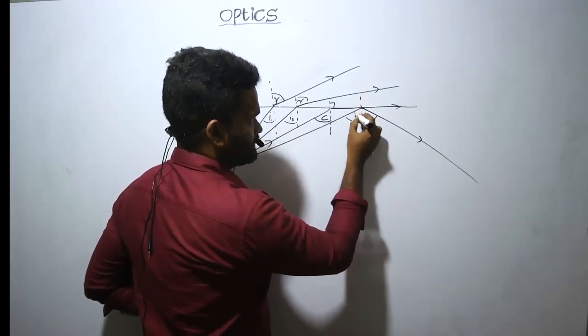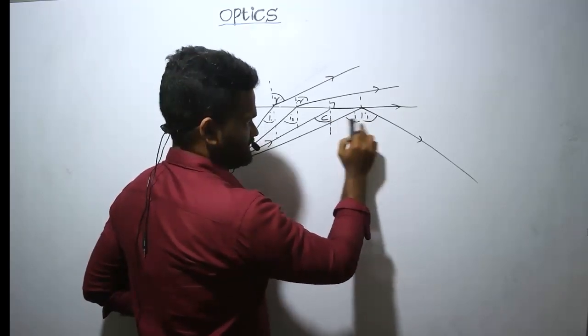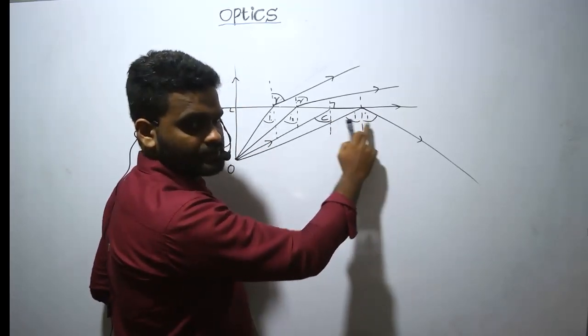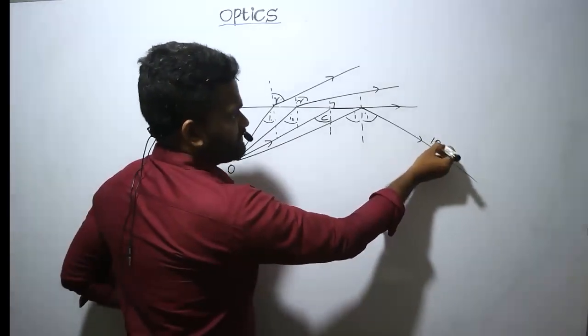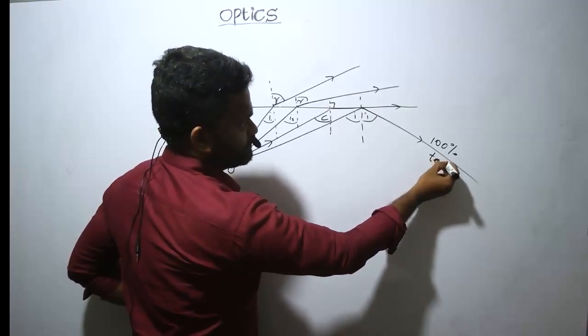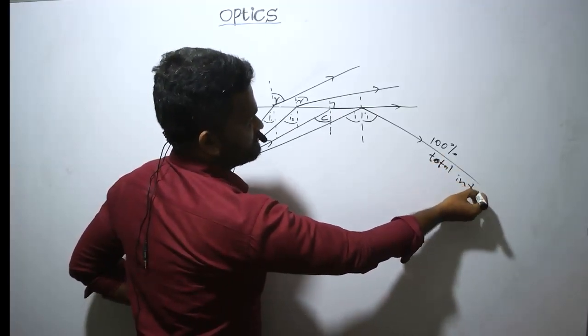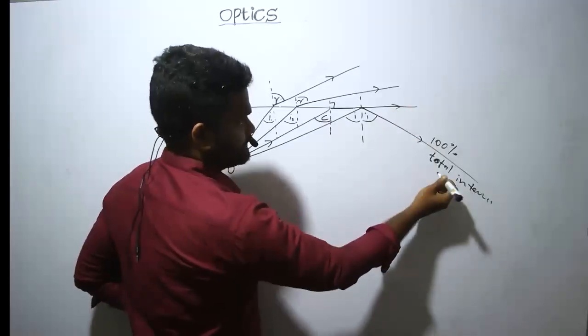We know that in reflection, the incident and reflected angles are equal. So there's 100% reflection. This is what we call total internal reflection. Why internal? Because it is reflected into the same medium.